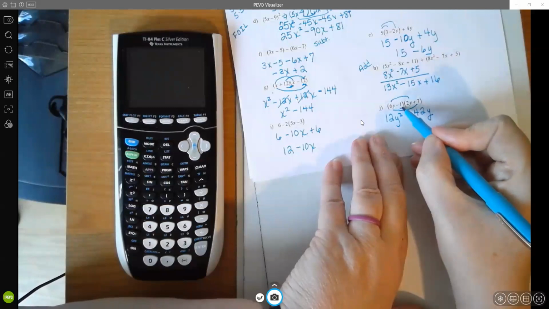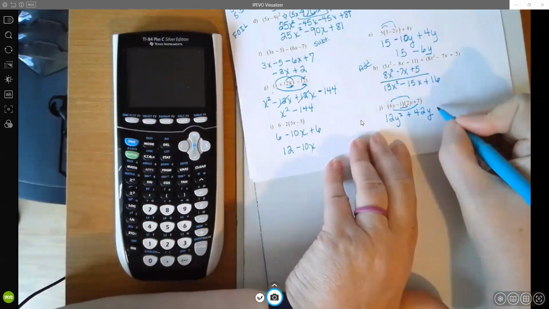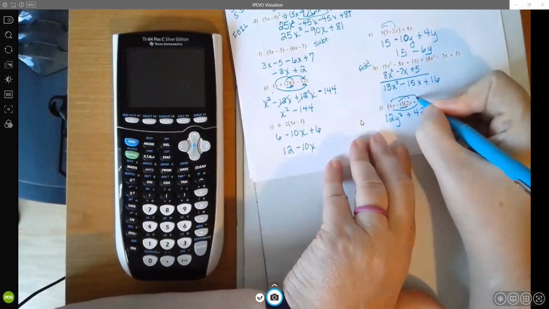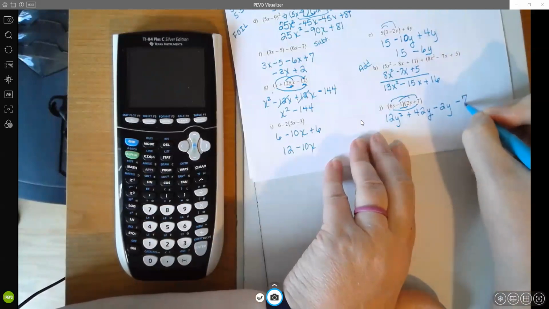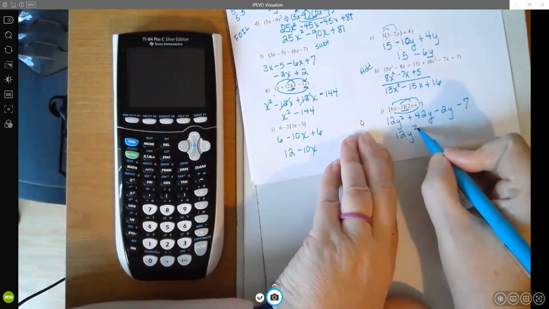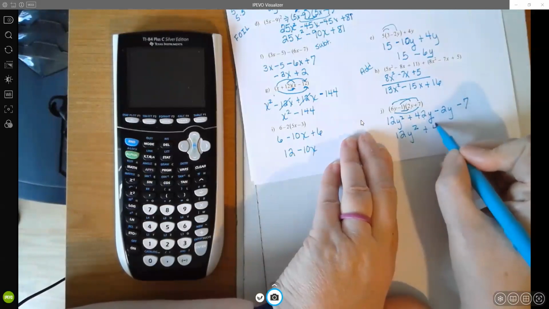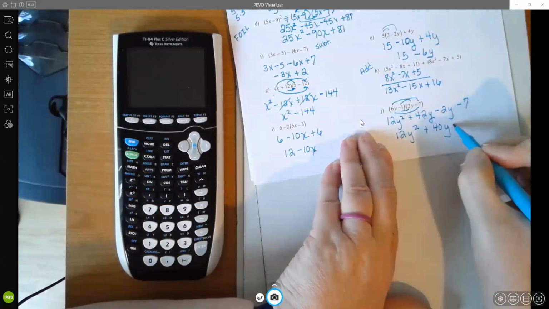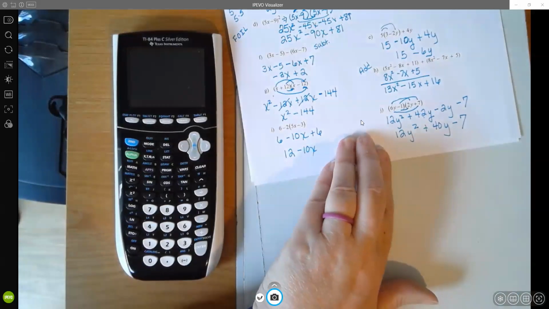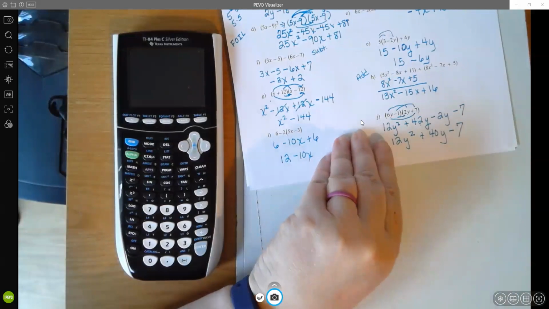Then we have negative 1 times 2y, which would be minus 2y, and negative 1 times 7, which would be minus 7. That then gives us 12y squared, 42y minus 2y would be plus 40y, minus 7. And that's how we would use our FOIL to multiply that last letter there on number 11.